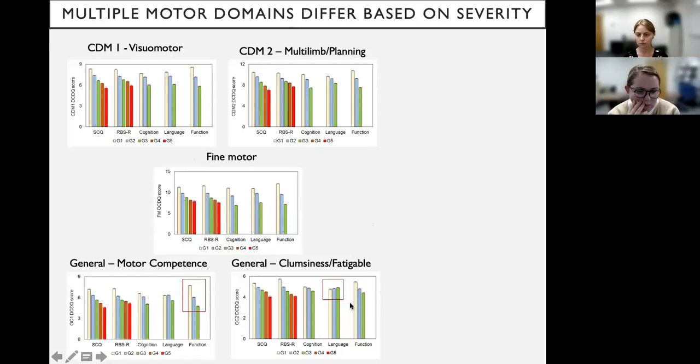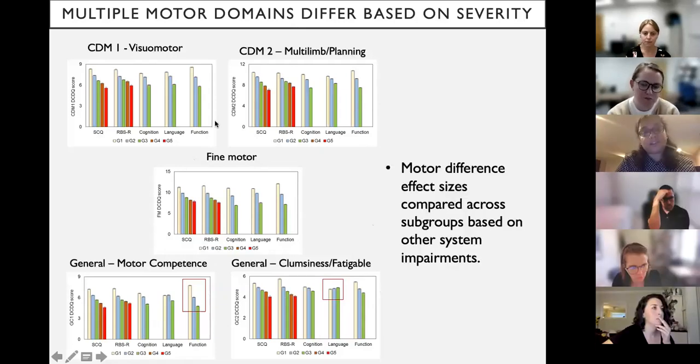And so here what you could look at are these effect sizes. So what is the motor difference effect size across the subgroups as it relates to social communication impairments or repetitive behavior impairments or these general delays? And what you see is sometimes motor ability does not explain the variation across these subgroups based on another domain's performance.